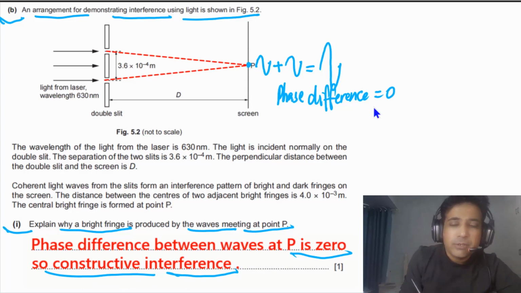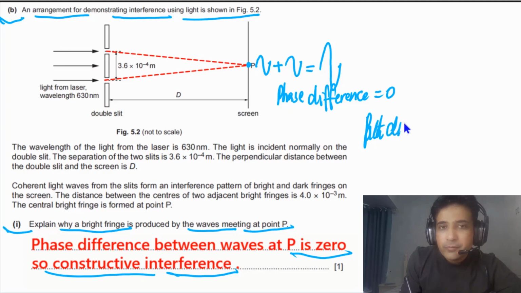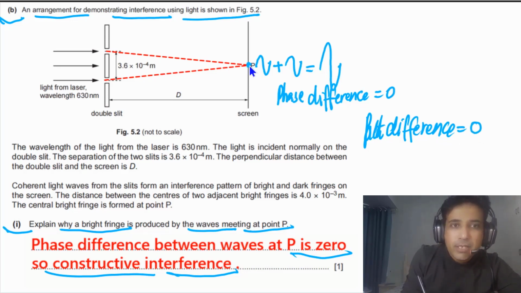You can also say this in terms of path difference: the path difference is also equal to 0. That's the reason there is a bright fringe.